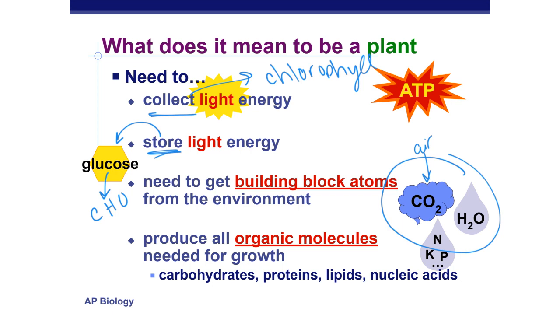I'm going to be able to get some hydrogen there from the water. And then these nitrogen, potassium, phosphates, that's all referring to when the plant is making proteins and making new nucleic acids, not storing the energy as glucose. Okay, so the plant's producing all of these organic molecules. The one we're focused on right now is the production of the carbohydrates from photosynthesis.